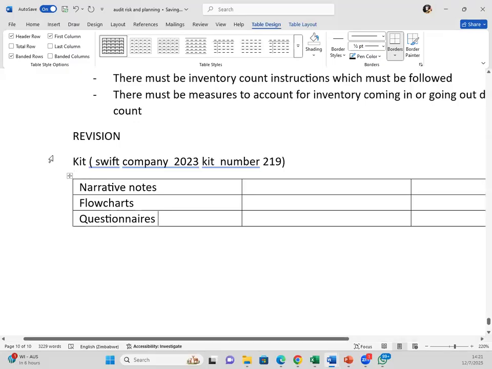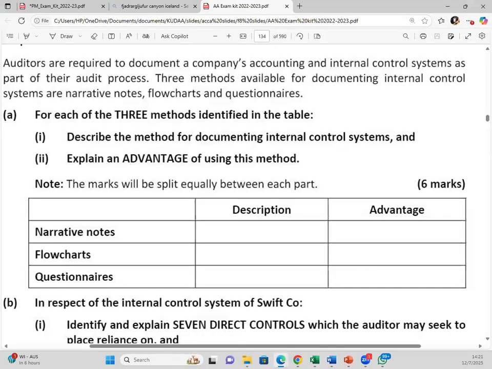Let's now go back to the question. It says describe the methods identified and give an advantage. So now over to you. Can you please help me out? I've given you time to think. What are narrative notes? How can we describe narrative notes?